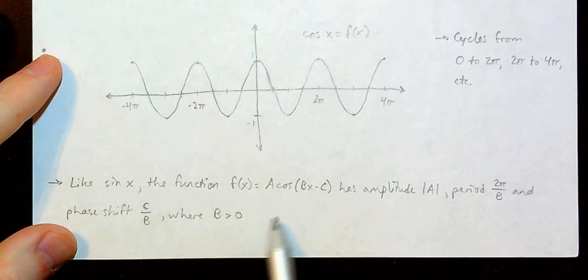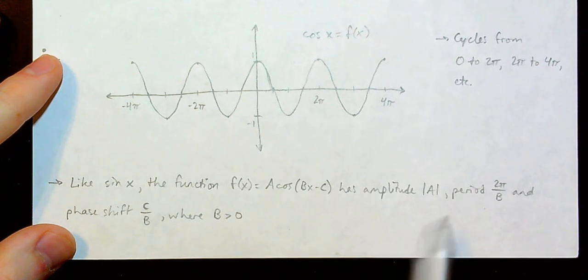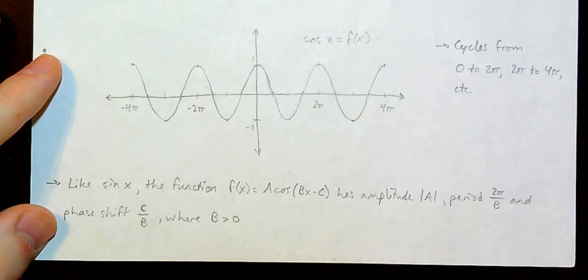The general cosine function, a times the cosine of bx minus c, has amplitude absolute value of a, period of 2 pi over b, and phase shift c over b, again, where b is positive. And if c over b is positive, then the shift is to your right.